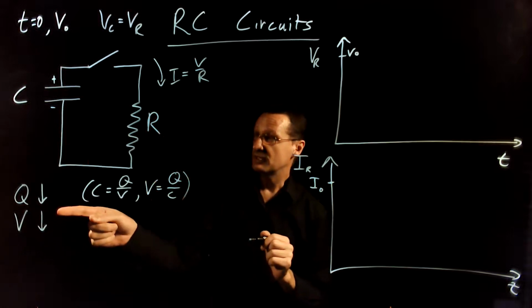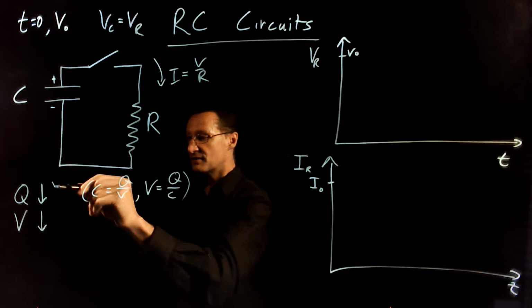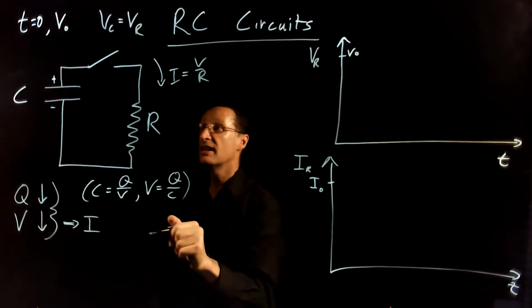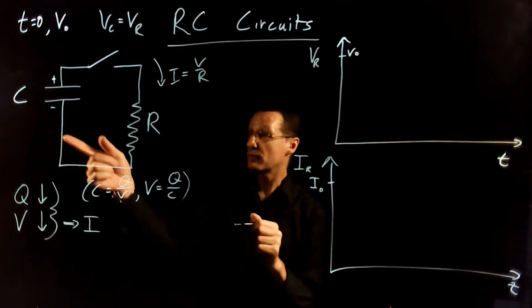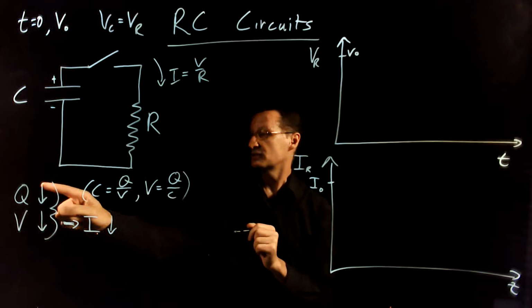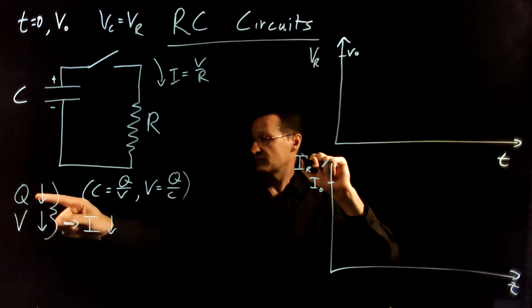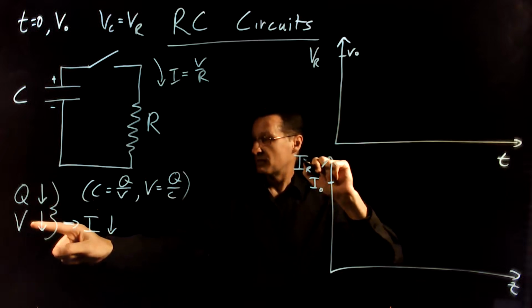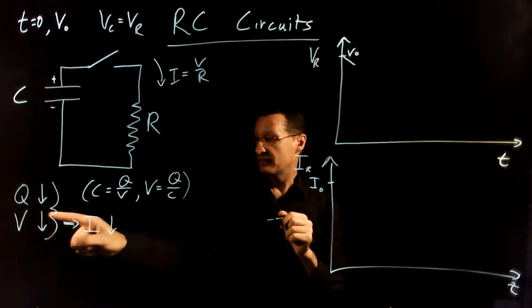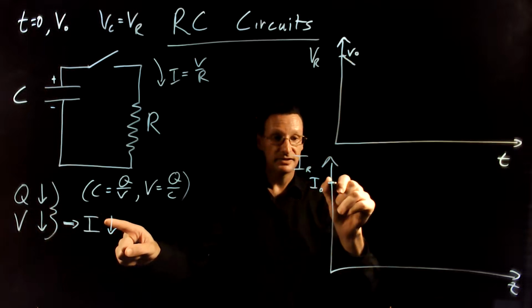And if V reduces, then these two facts conspire and make the current that is output, the motivation for the current to flow, decrease. Okay, so let's go ahead and take note of these. As Q reduces, because of the current, V reduces. And so as V reduces, I reduces.